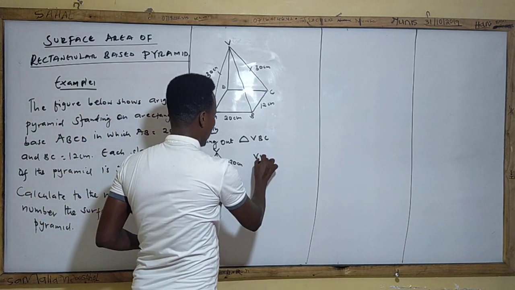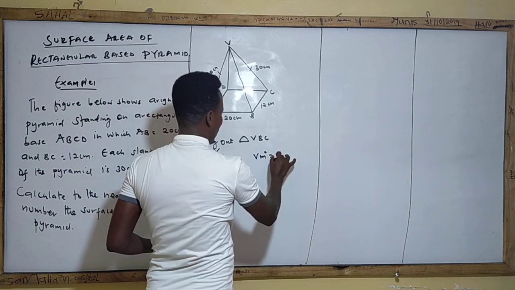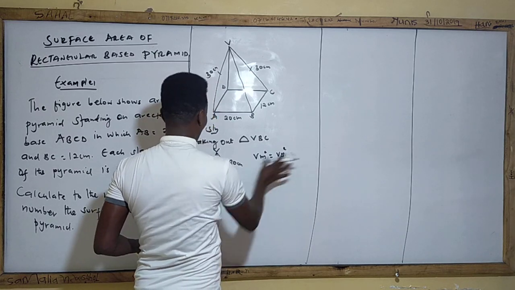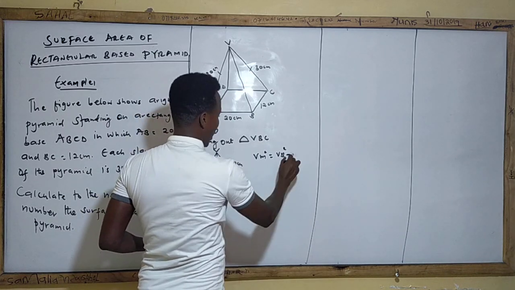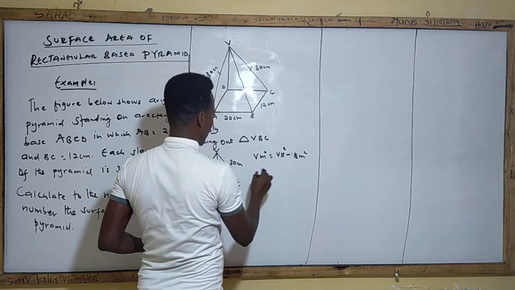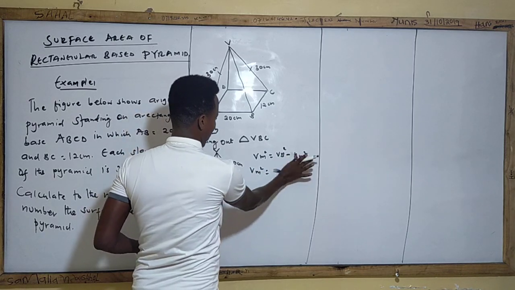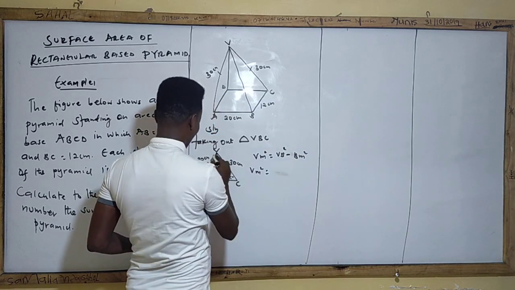VM squared is equal to VB squared minus BM squared, because we want to get the height. So VM squared is equal to 30 squared minus 6 squared. Remember VB is 30, don't forget.